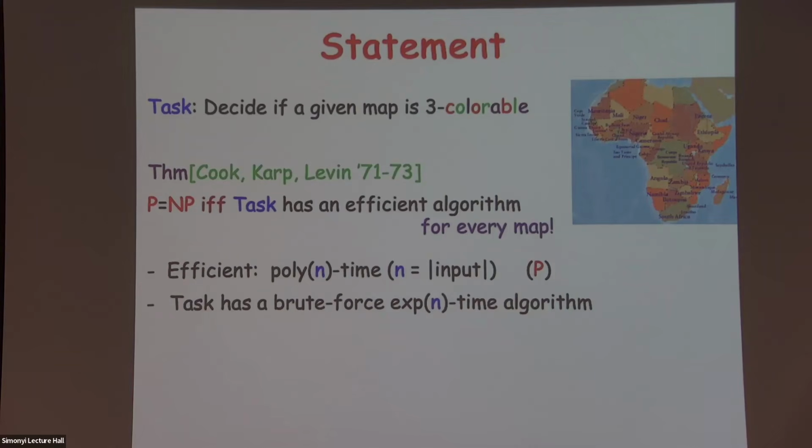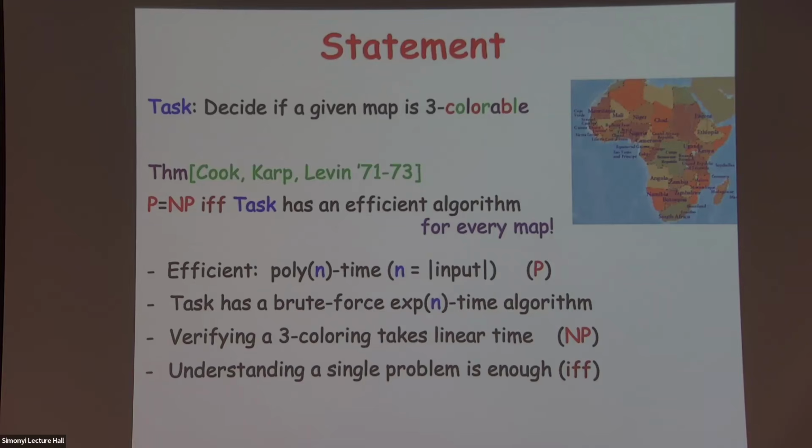You can try every coloring. And we ask whether this brute force can be vastly improved. The NP comes from the fact that this problem, map coloring, has a very simple verification procedure. If I gave you a coloring, you can check that it's valid. You can do it in linear time. That's the NP part.